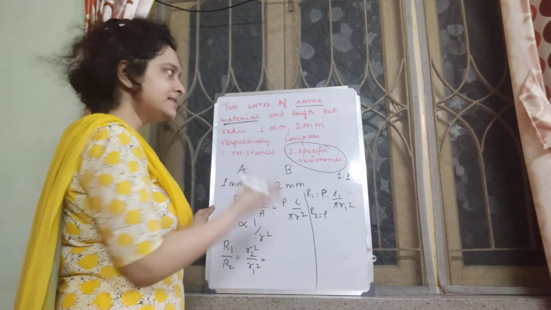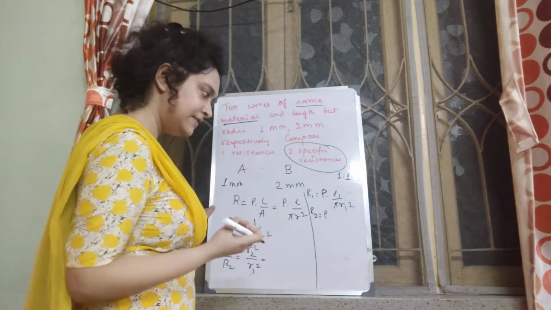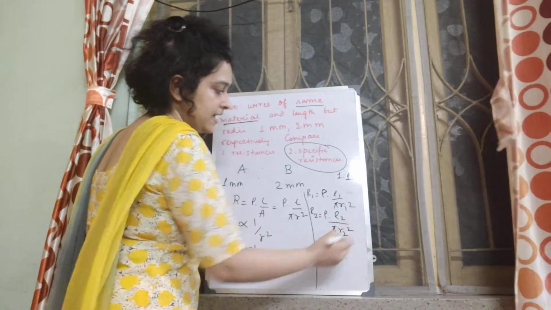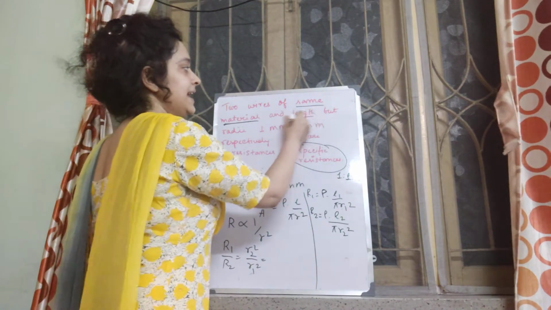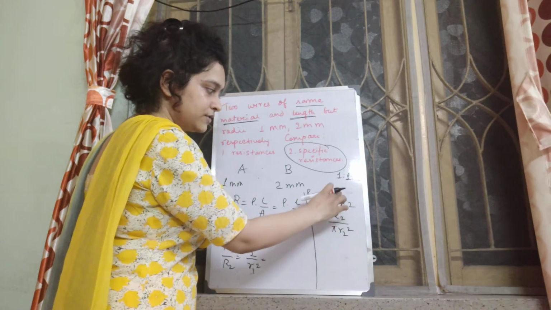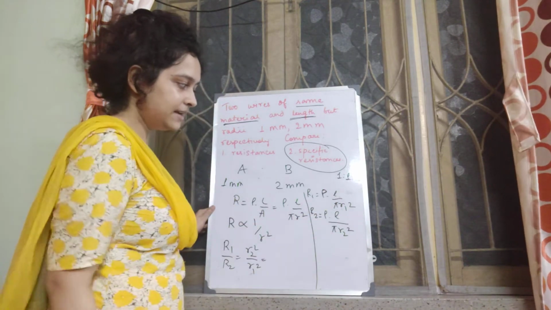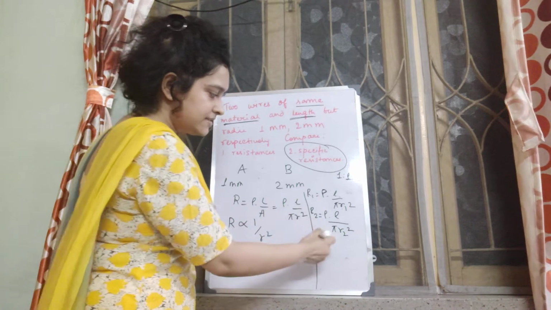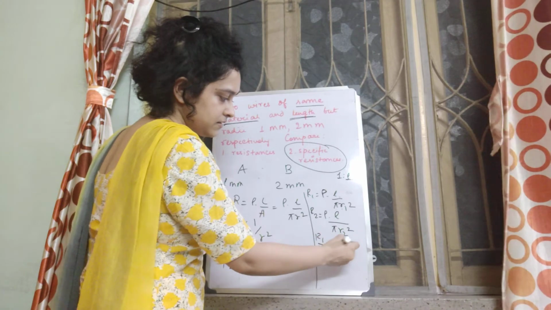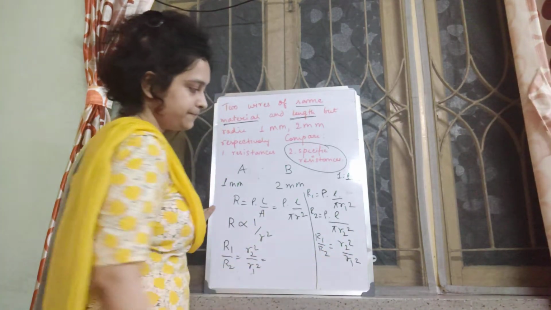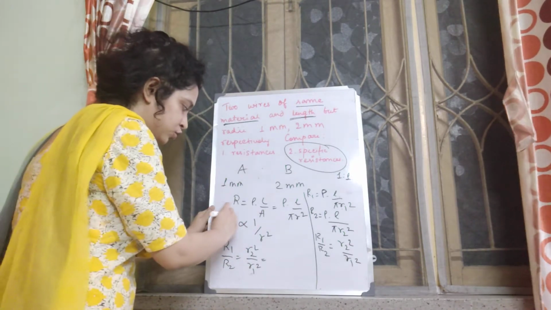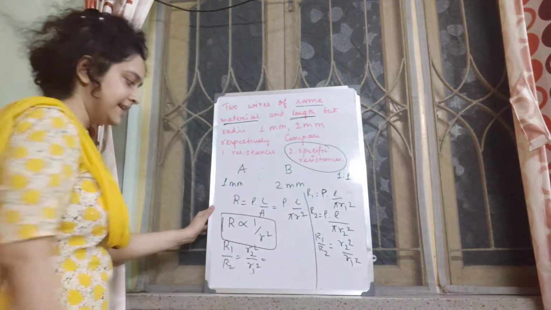Because the material is same, so specific resistance is same for both. Now they have mentioned same length, so L1 equal to L2, and instead of L1, L2 I can simply write L. Now if you divide R1 by R2, you will get r2 square by r1 square. Whenever two things are inversely proportional, we can write it like this.